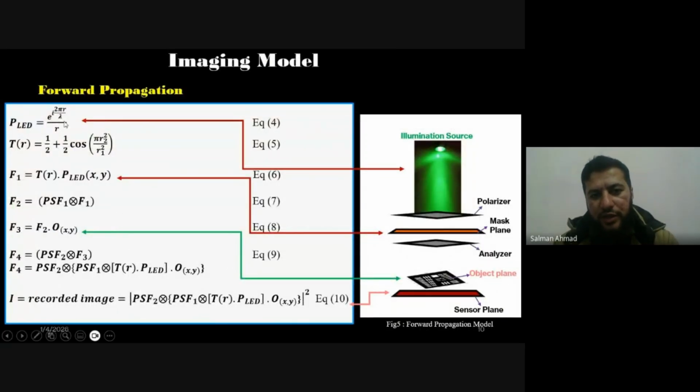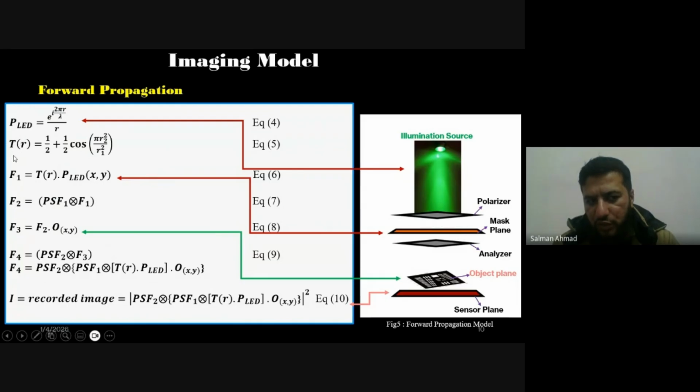In the simulation part, we move the LED light toward the spatial light modulator, and there we combine it on the spatial light modulator.